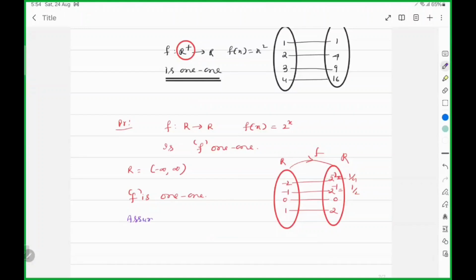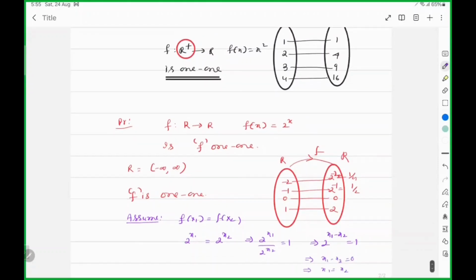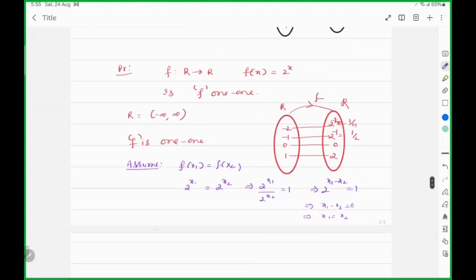We assume that f of x1 is f of x2. That is 2 power x1 equals 2 power x2. 2 power x1 by 2 power x2 is 1. 2 power x1 minus x2 is 1. x1 minus x2 is 0, which implies x1 equals x2. So I assumed the functional values are equal, and came to the conclusion that the function is one-one.